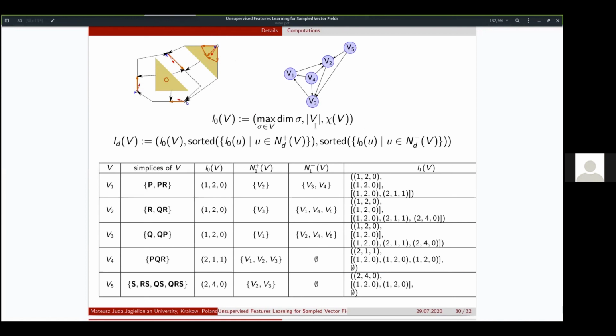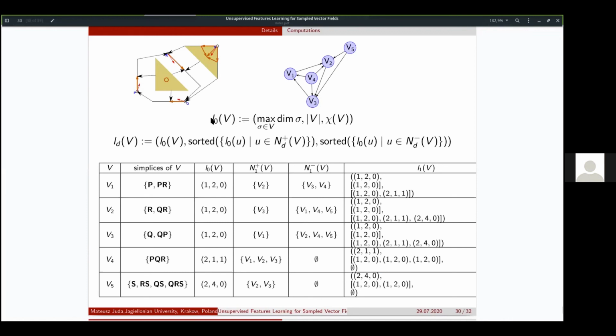We can take the cardinality of the subspace. We can have the Euler characteristic of the subspace, and so on. The information is there, and the information is local. It means that it's already attached to the vertex.